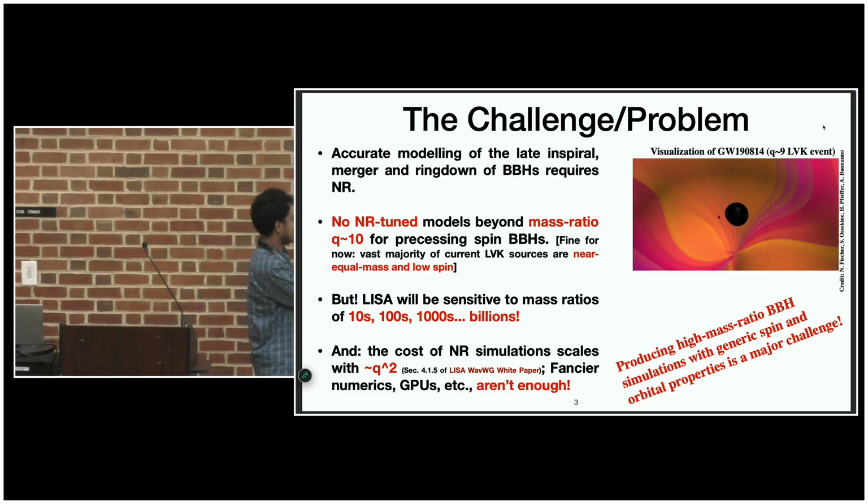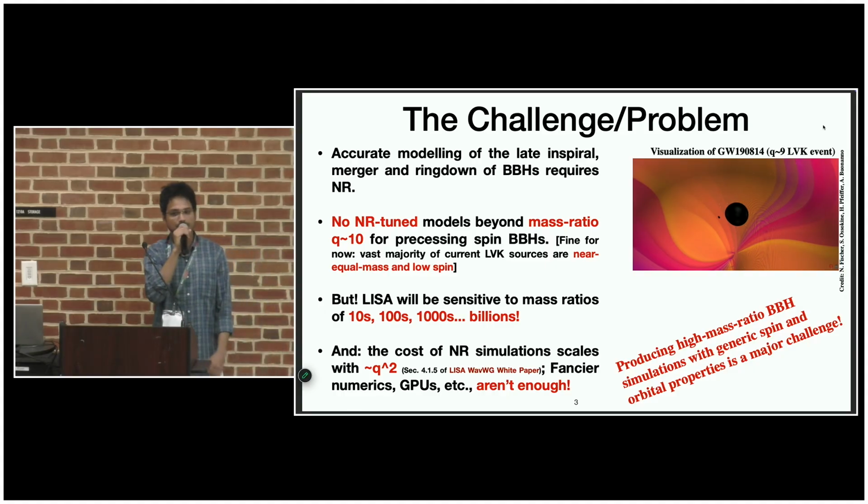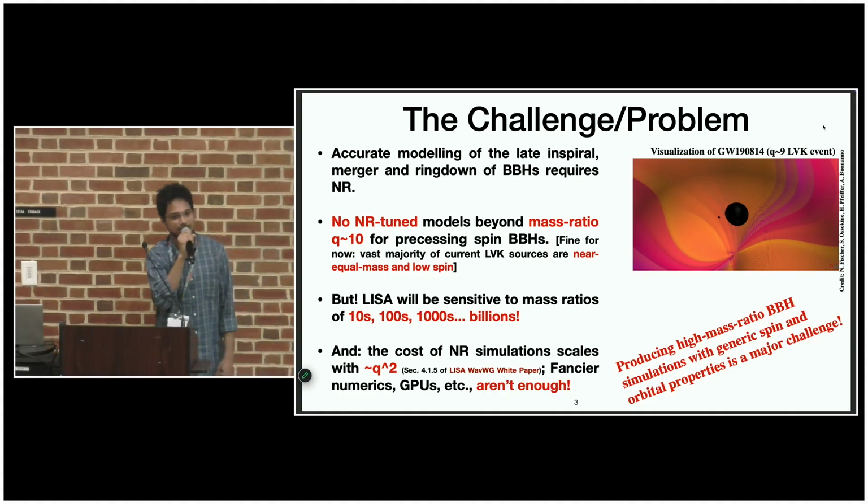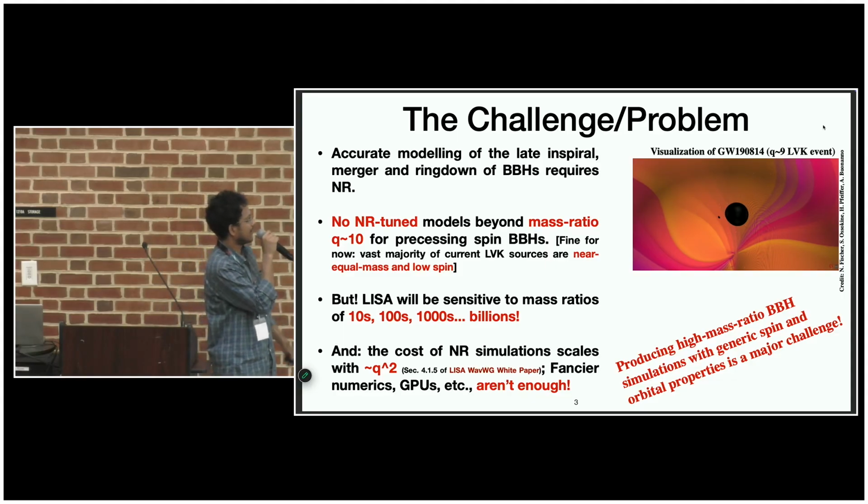So it's naively q squared, but there are also other factors. If you go to section 4.4.5 of the LISA waveform working group white paper, you can find it. But in that equation as well, there are a few missing factors, so it's just a lower bound.